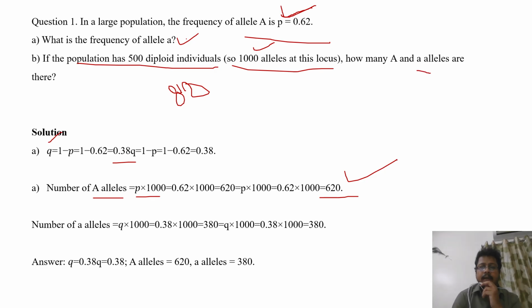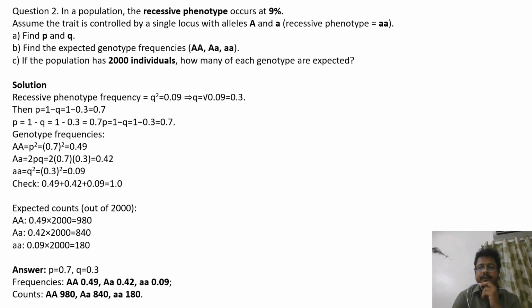And how many a alleles will there be? We can find out with Q. The frequency of Q we know is 0.38. We multiply it by the total number of alleles to find the number of a alleles. So A alleles will be 620, and small a alleles will be 380.